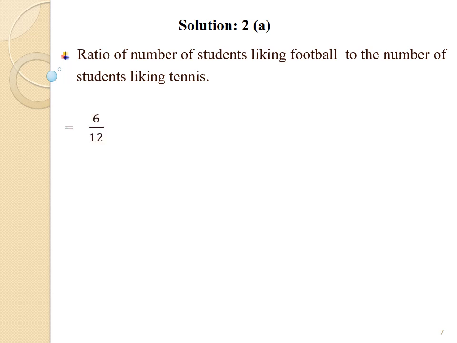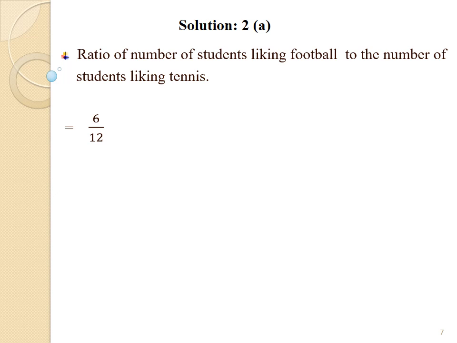Students, now we have to reduce 6 by 12 into the simplest form by their HCF. Students, the HCF of numerator 6 and denominator 12 is 6. So now, reduce 6 by 12 into the simplest form.